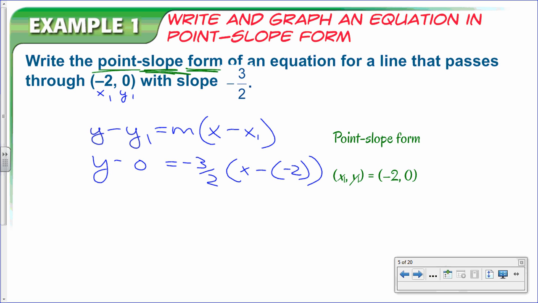Now, is there anything else I need to do? Make it positive. Yeah, I'm making it positive, right? What's this rule right here? Stay, change, change, right? So y minus 0 equals negative 2 times x plus 2.